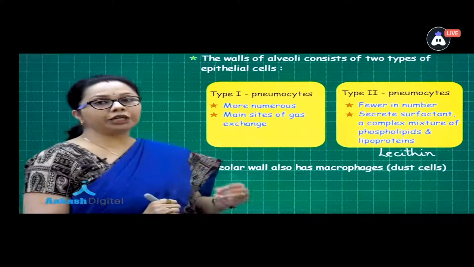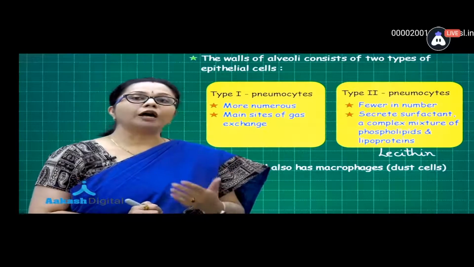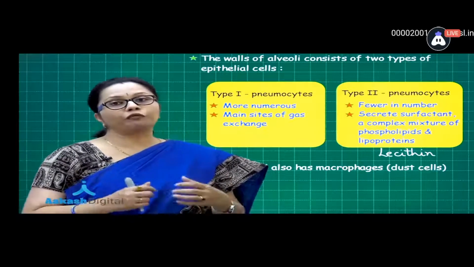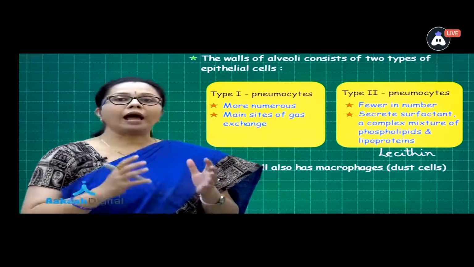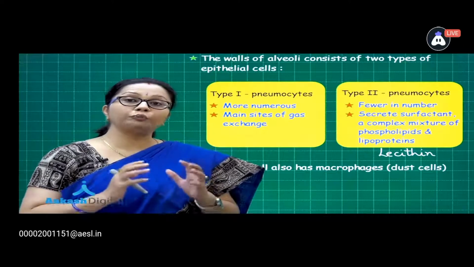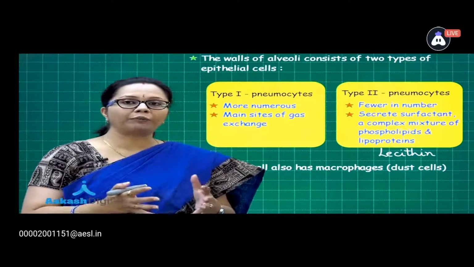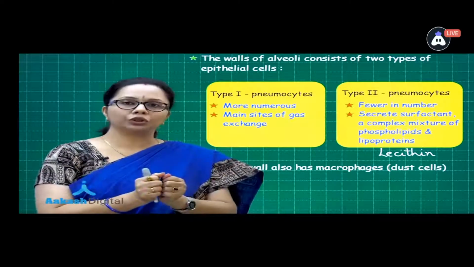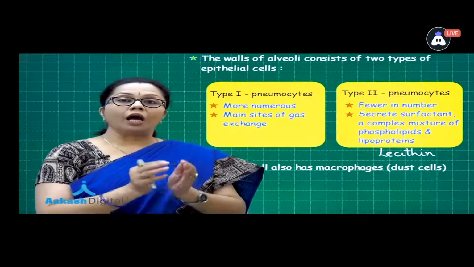Now, surface tension is the property of moisture or water which tends to reduce the surface area. So these alveoli have a moist inner lining, and if this were pure moisture, when we have exhaled air, what would have happened? This moisture will tend to bring the walls closer so that it acquires a very small size.